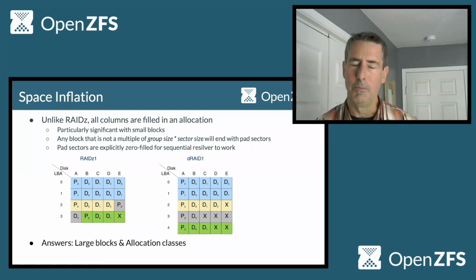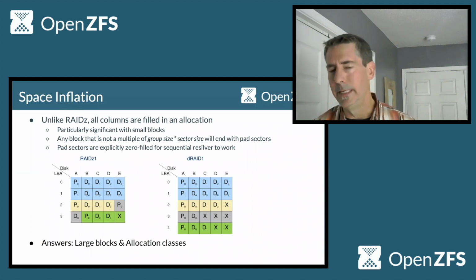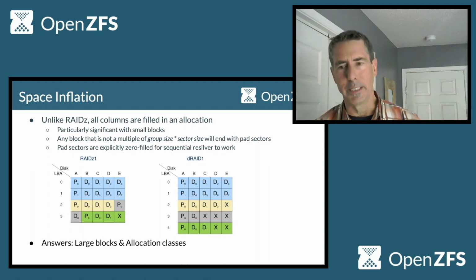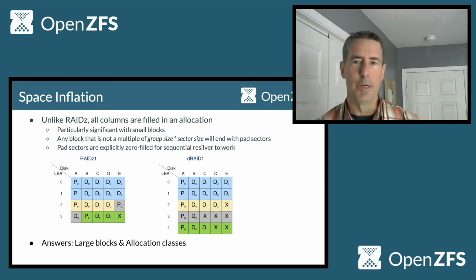The other is to use large blocks, right? dRAID is definitely tailored in certain ways for large block data. The larger the block, the less overhead you're going to see with this kind of fill inflation. Percentage-wise per block, it'll be very small.